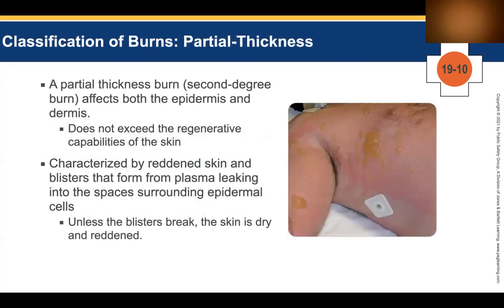So here's an example of a partial thickness burn, a second-degree burn, and it affects both the epidermis and the dermis, and that's where you see the blistering and redness. You can see where this patient on the outer edges has the superficial burn, and then where the actual blistering is, that area was exposed more to the thermal and caused second degree or partial thickness.